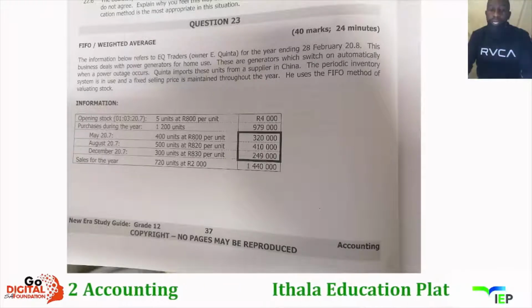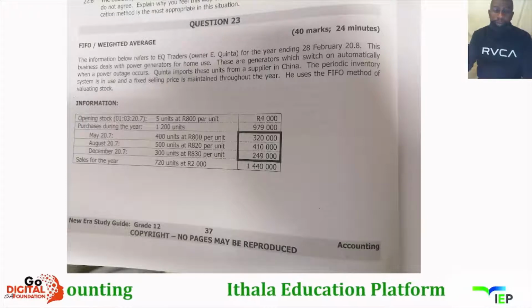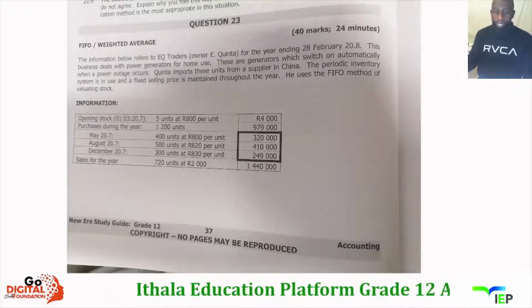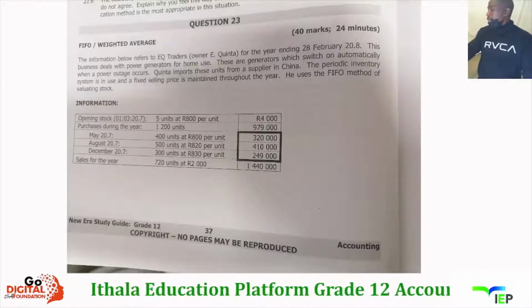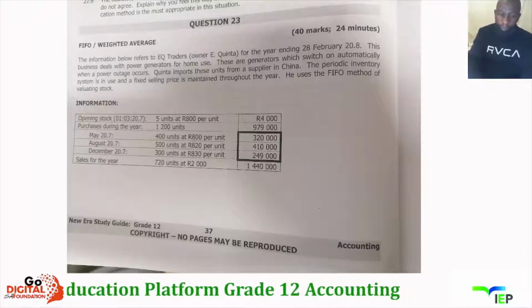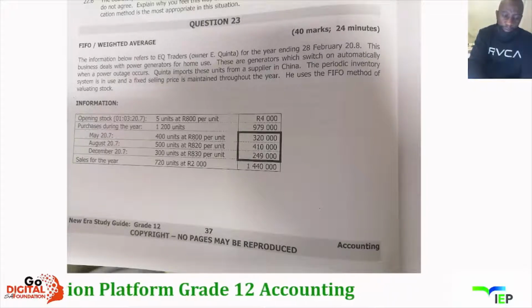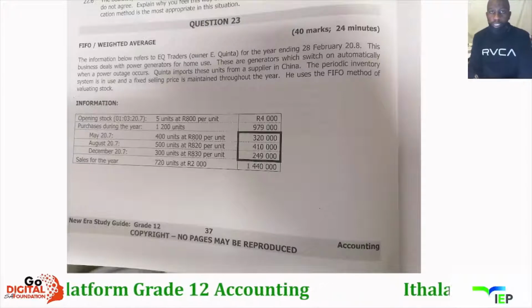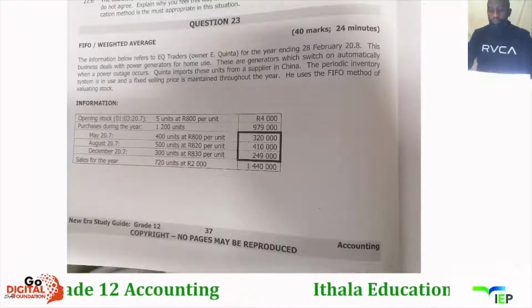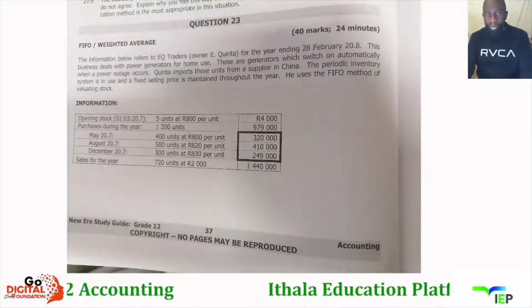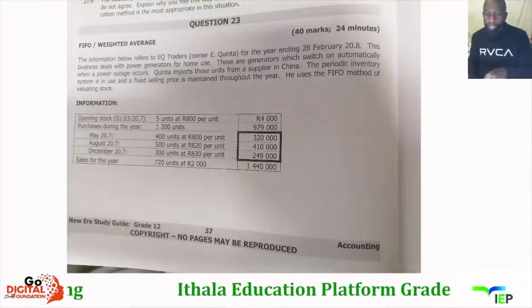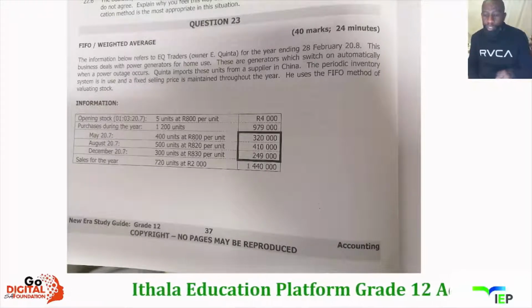The first question we must understand here: calculate the number of units unsold. The second: calculate the closing stock using FIFO.